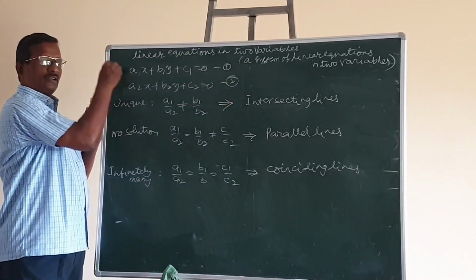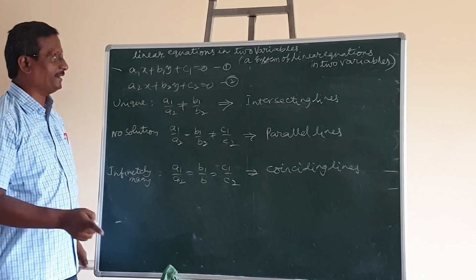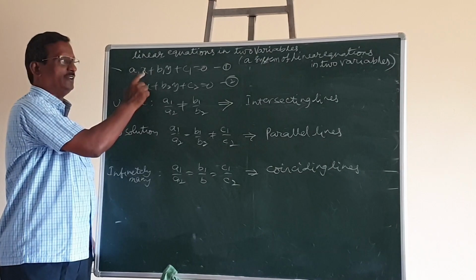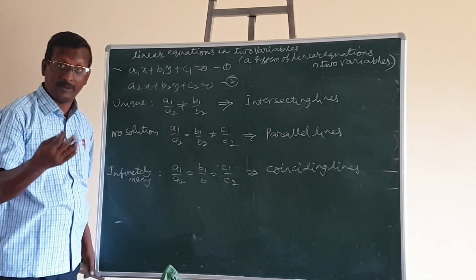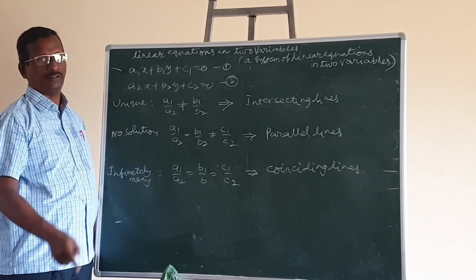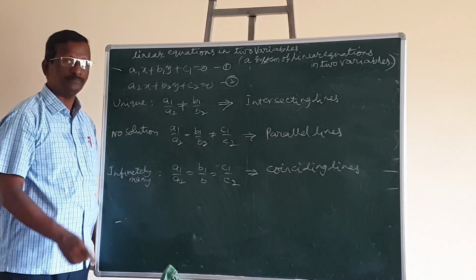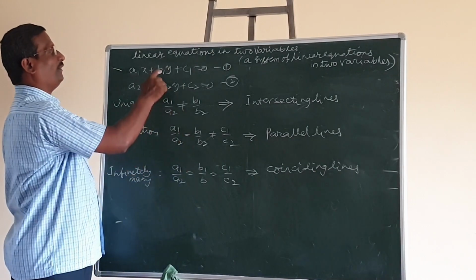A linear equation in two variables is having infinitely many solutions. Every point on the graph of the linear equation is representing a straight line. There are infinitely many points on the line. Every point is corresponding to a unique solution. Infinitely many solutions to the equation and infinitely many points on the straight line, that is the graph of the equation.